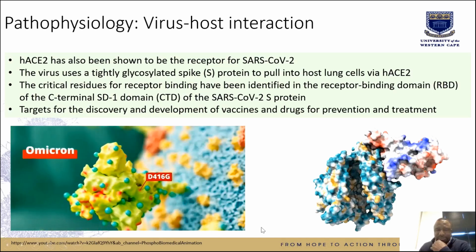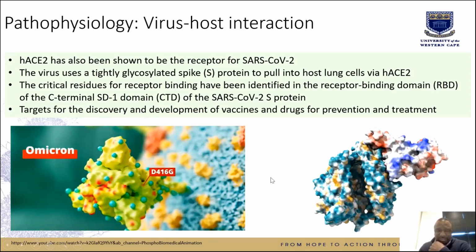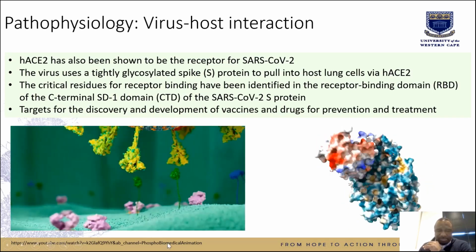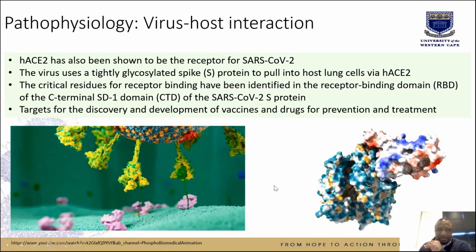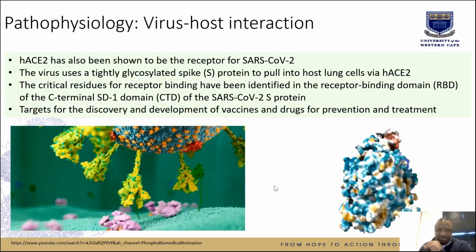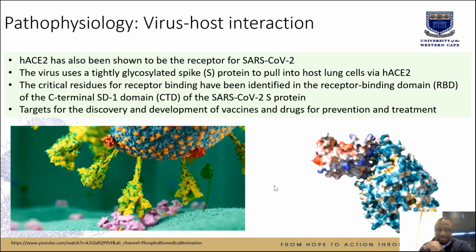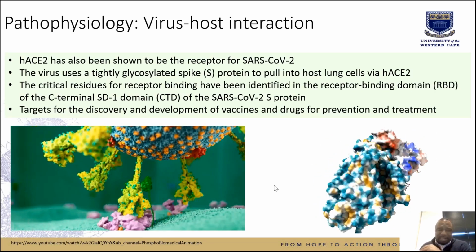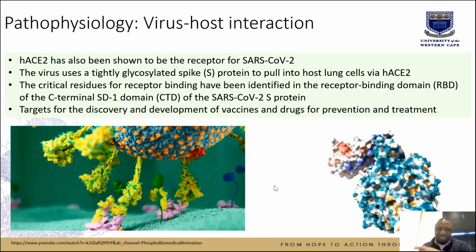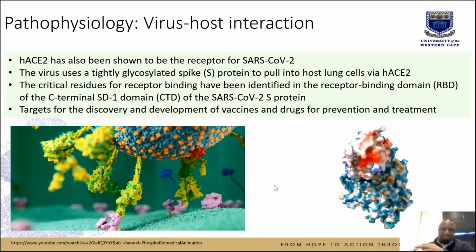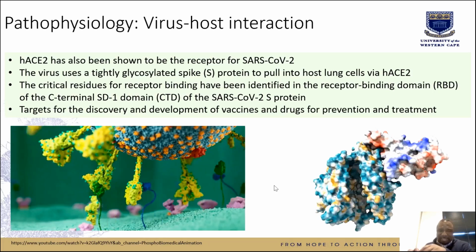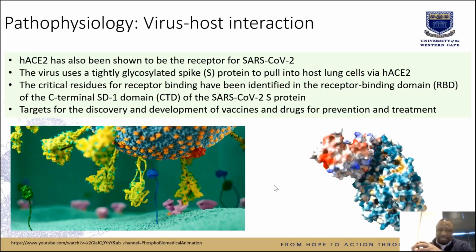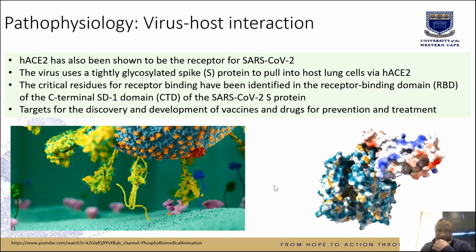On this, I showed you the details of the interaction in a very good video that I got from YouTube, referenced here. You can see how the virus approaches hACE2, interacts with the receptor binding domain of the spike protein, and through a series of conformational changes, the virus gets access into the cells and is able to ingress into that particular cell.